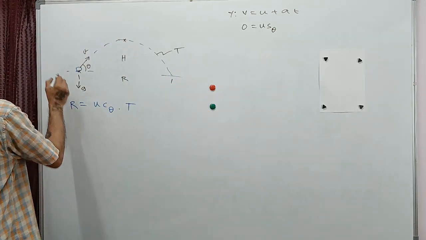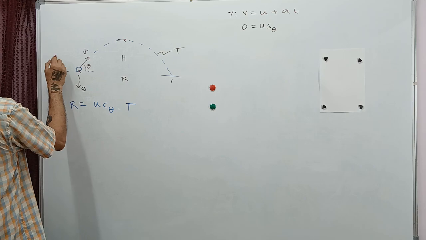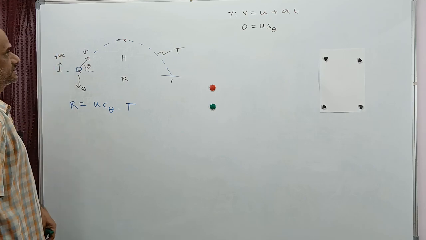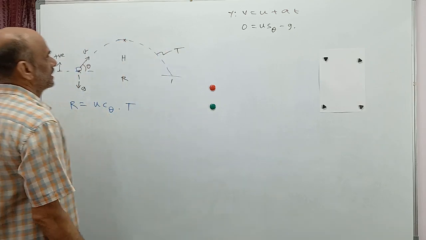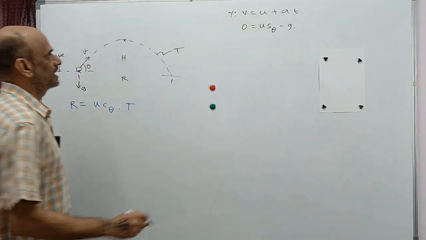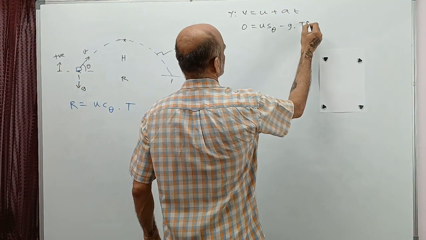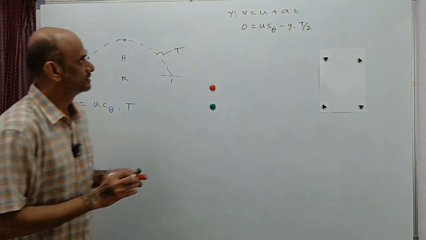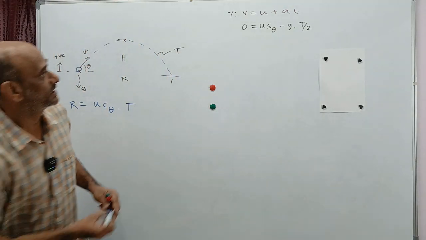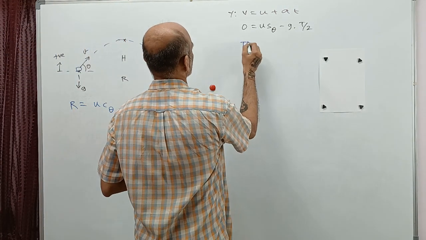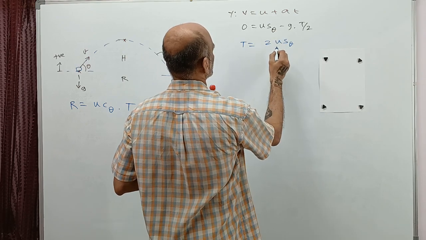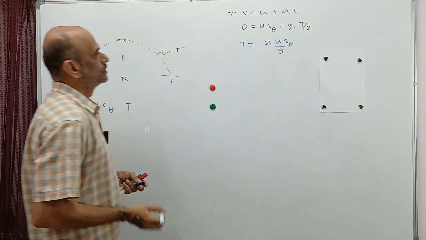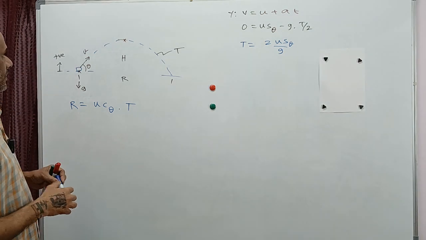Acceleration is downwards, upward direction is taken as positive for the y direction. So acceleration is minus g. And the time between these 2 points is half the flight time. So from this, the flight time will come out to be 2 u sine theta by g.